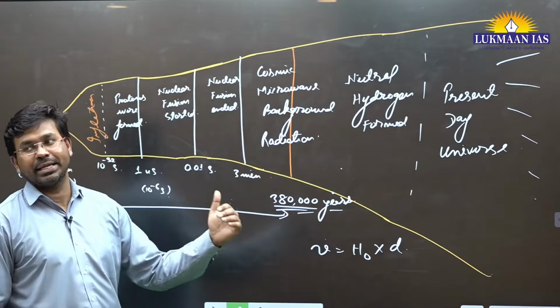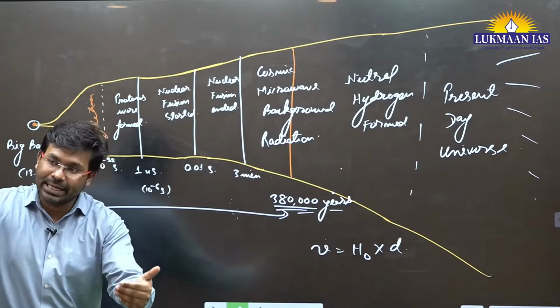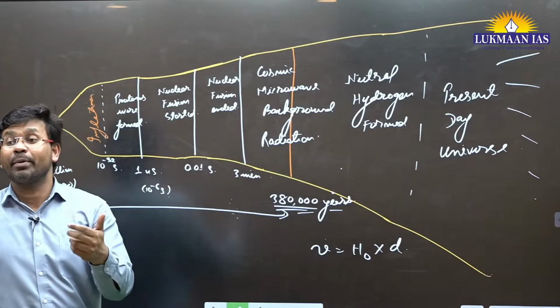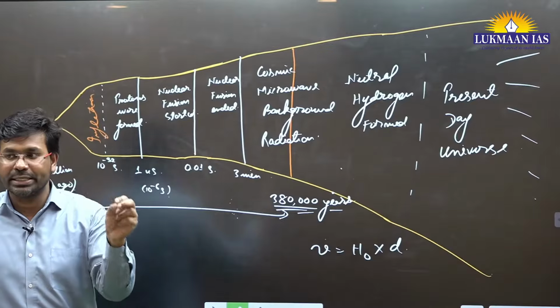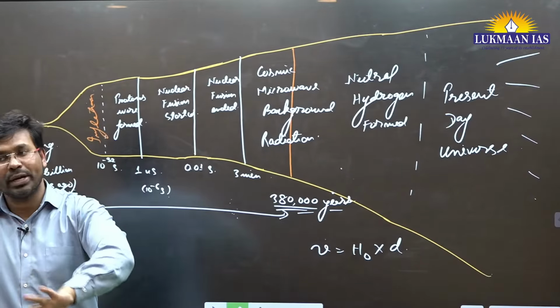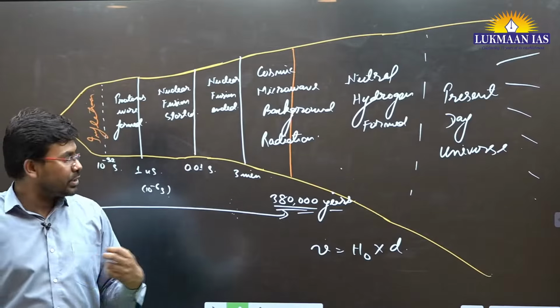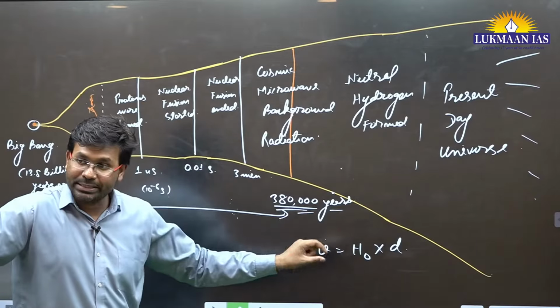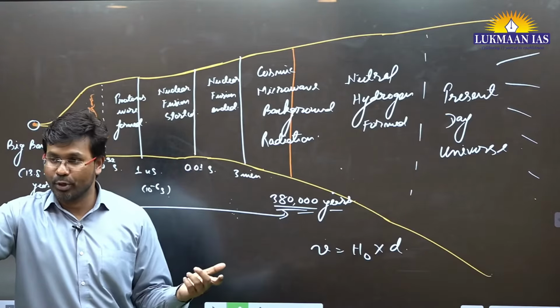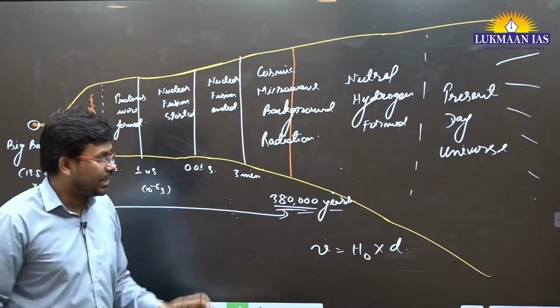For example, when we study the 10th and 11th standard science books, we learn about theories of gravity, force equal to G m1 m2 upon r square. Similarly, this law is considered the fundamental law in observational cosmology. This is a very fundamental law.